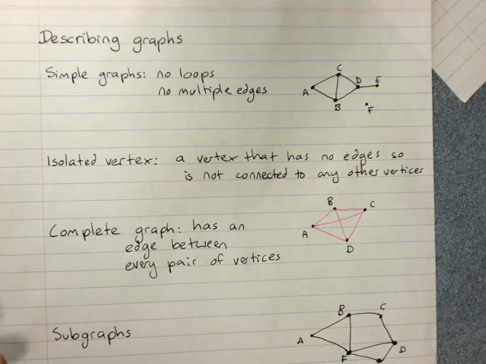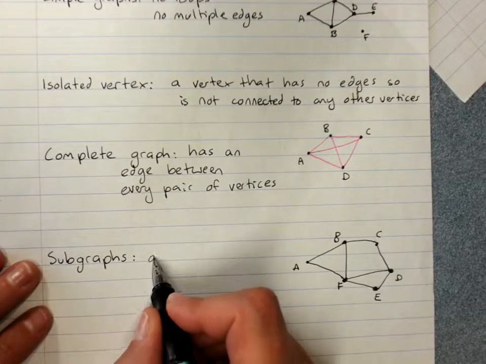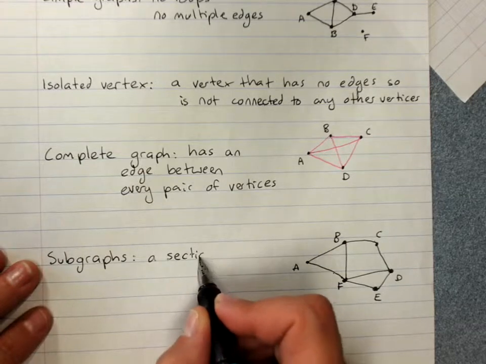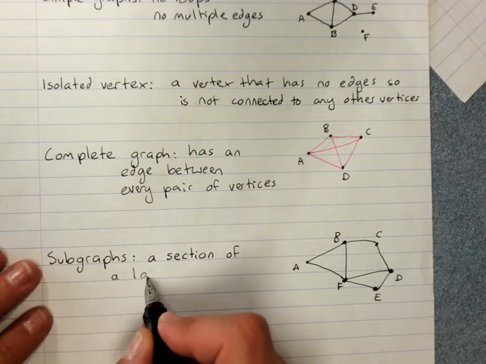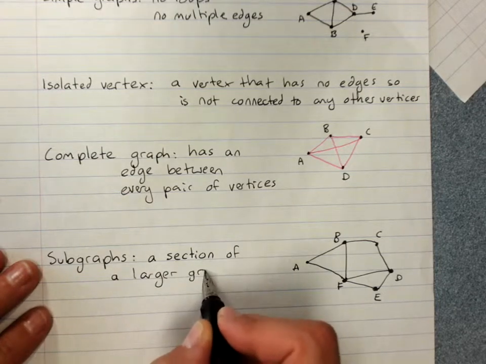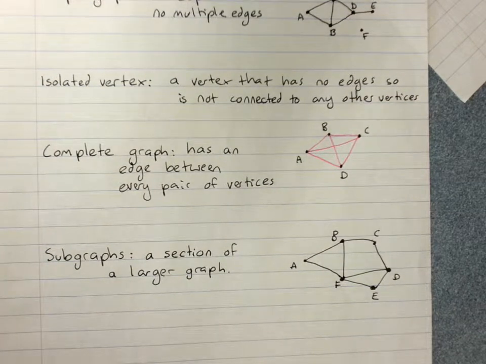A subgraph is part of a larger graph with no extra bits that aren't part of the larger graph. So all of the edges and vertices in the subgraph must exist in the original graph.